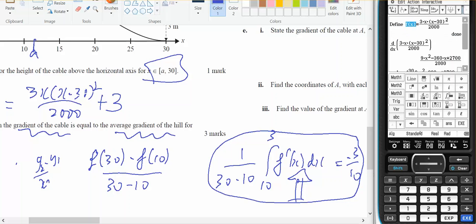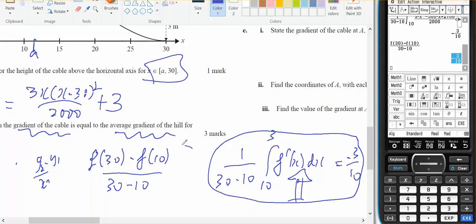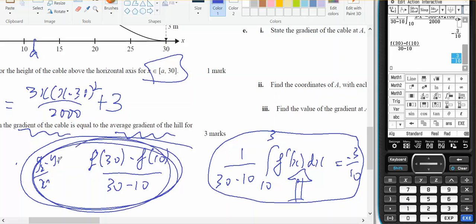And then if I take that, copy, come down, fraction, paste, minus, paste over 30 minus 10, and that's 30, and that's 10, 30, and of course it's the same answer. So you can do average rate of change, average gradient, or you can do average value, and get the same answer.